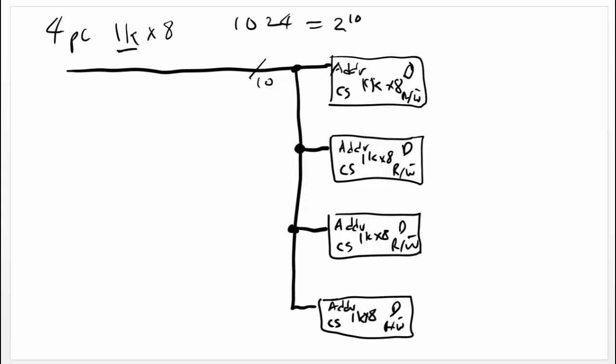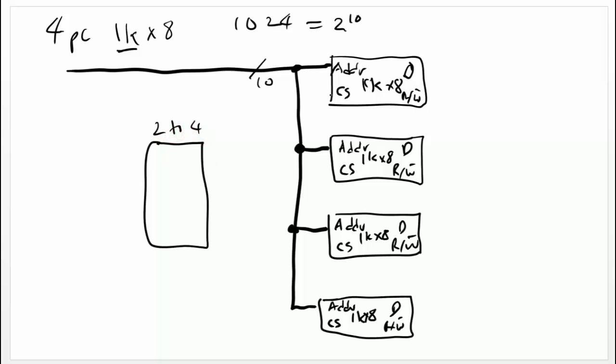But then the total is 4 kilo actually, which actually you need 2 more bits for addressing which one of the IC. To address one of the IC, you need a decoder. This one is 2 to 4.